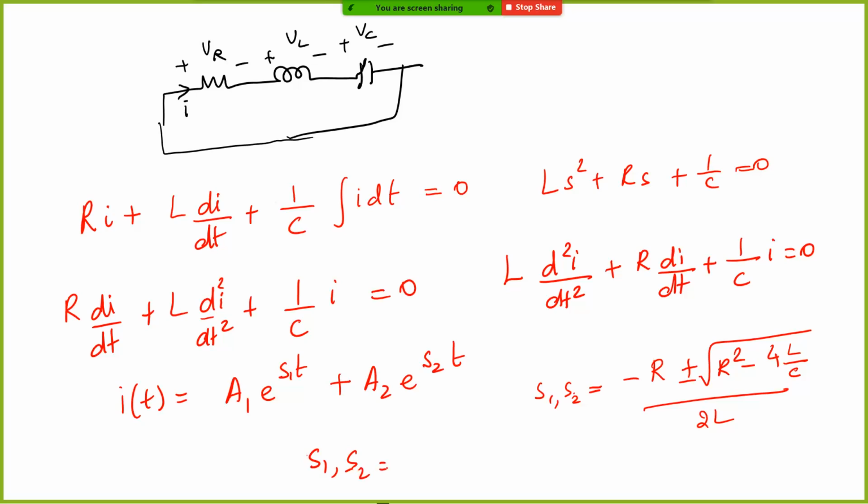S1, S2 become what? Minus R by 2L, correct? Plus or minus, you take it under the radical sign, R by 2L the whole squared minus 1 by LC. Okay. So S1 and S2 are of the form minus alpha plus or minus root of alpha squared minus omega naught squared, where alpha is now different.